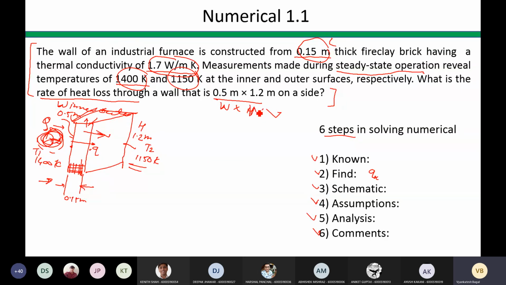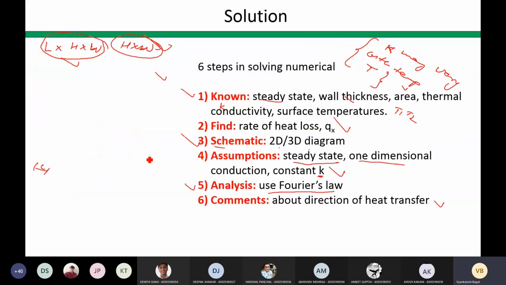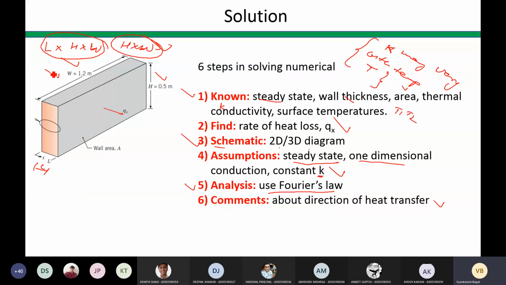Make this as width and this as height, right? So we will use the same notations, the ones which are given in the diagram. So consider width as 1.2 meter and the height of the slab is 0.5 meter. So this is your inner face of the wall and this is the outer face, right? So the heat transfer should take place in this direction. This is shown, right?